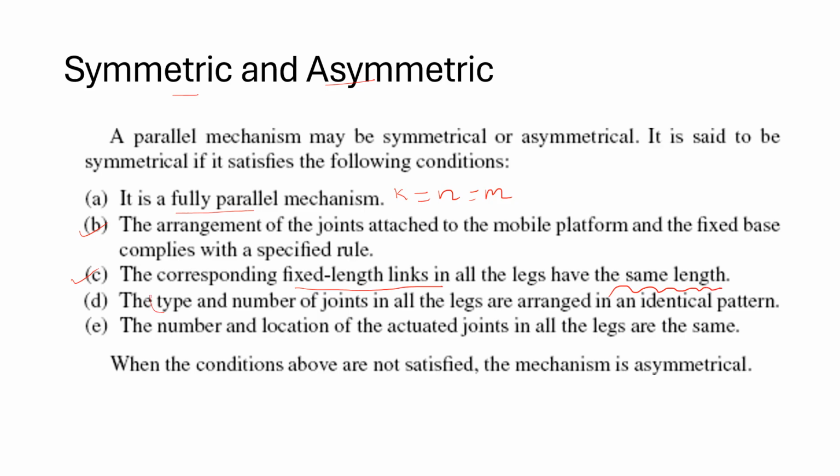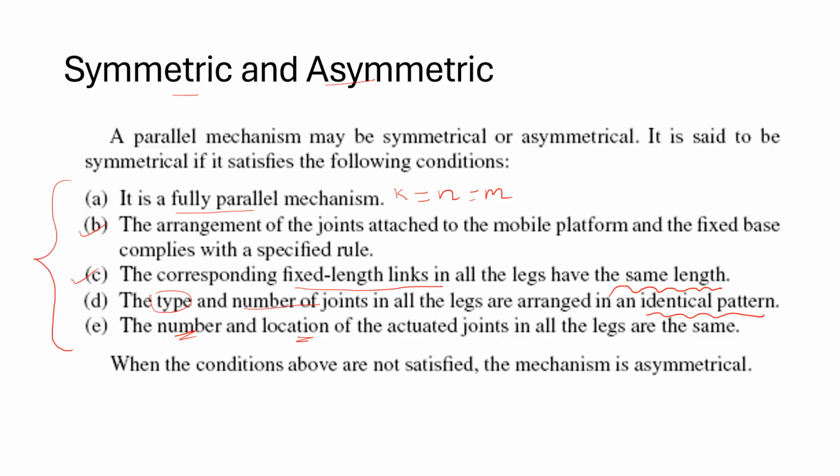And the type of joint and the number of joints that you use in the legs should also be arranged in an identical pattern, right? So the number and the location of the actuated joints in all the legs are the same. As you know, in a parallel mechanism you can also have passive joints that are not actuated. However, the parallel mechanism is symmetric only if the number and the location of the actuated joints in all the legs are the same. So these are the conditions that have to be satisfied for a parallel mechanism to be symmetric.